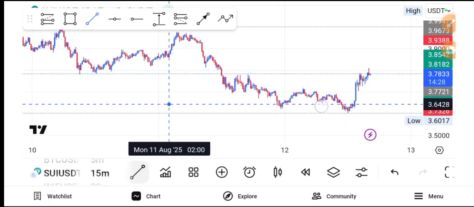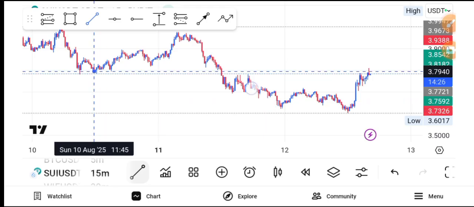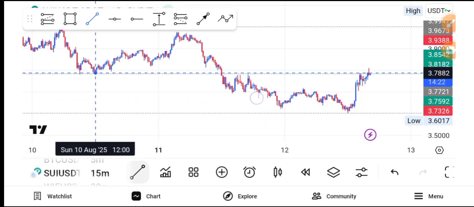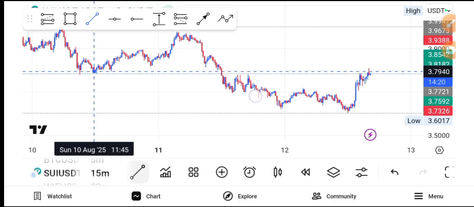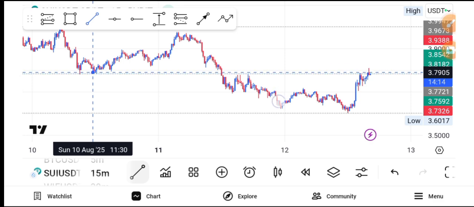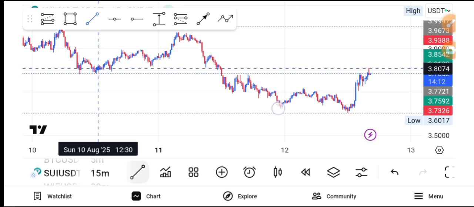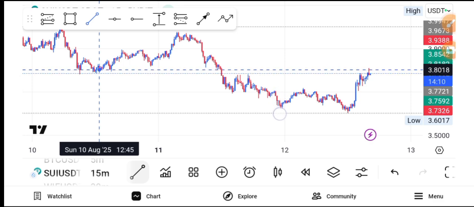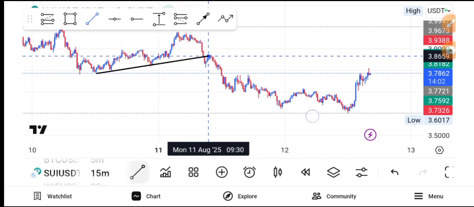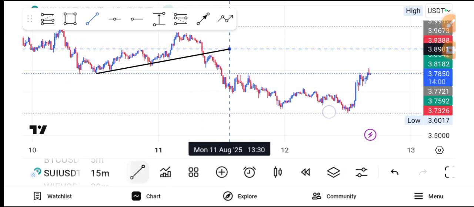I'm using my trend line to take the trend from here, to this very point, okay, here. So I'm taking the trend to this point. All right, look at it here.